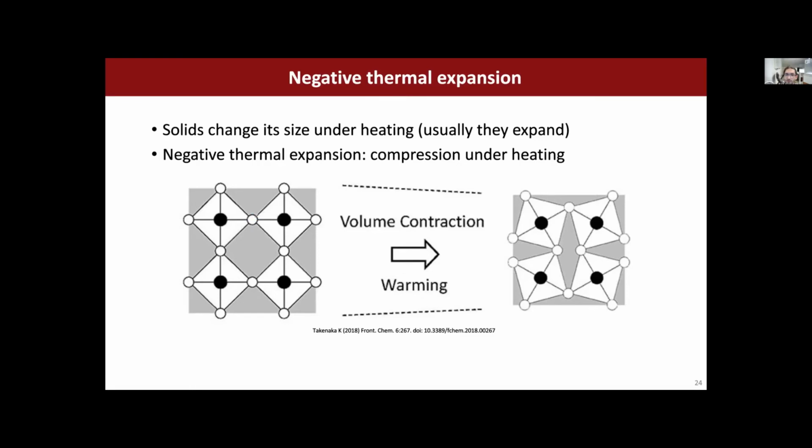If you imagine that this atom moves up, since the octahedra wants to stay rigid, this atom will move left, this will move down, and it will be easier for this one to move right. And you actually get a rotation. So instead of compression or expansion of your octahedra, you get a rotation. The result is a decrease of volume, as illustrated in this picture. As you can see, this gray area gives you the volume of the unit cell.